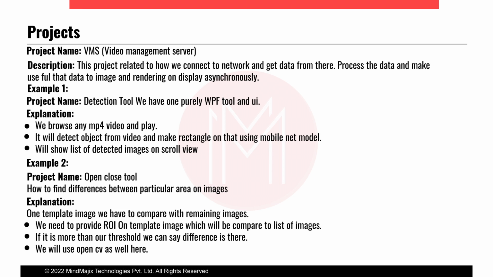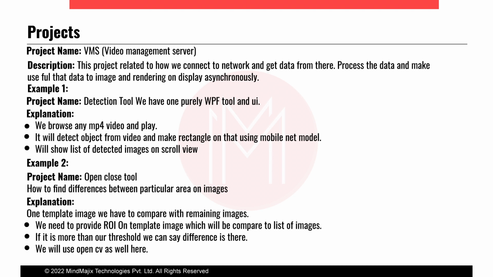And one more tool I created last, which is based on ROI. First of all, we need one image, and in that image we make one ROI. ROI means region of interest.